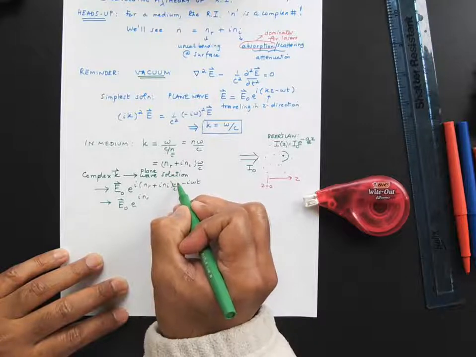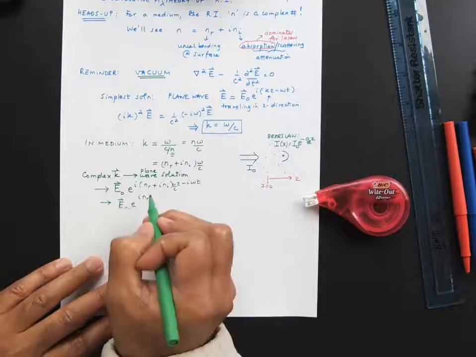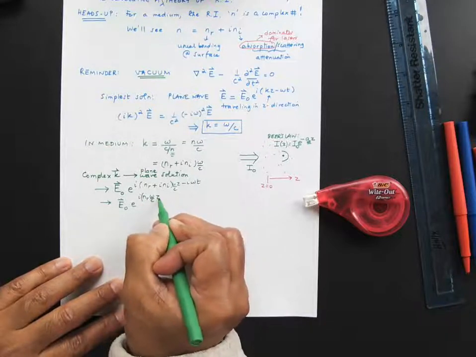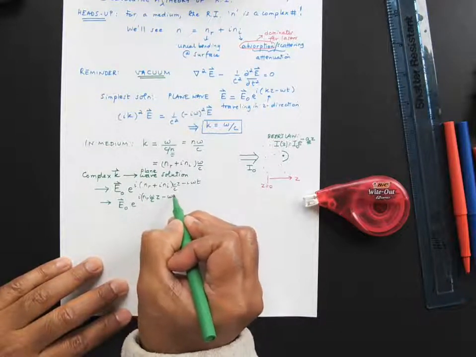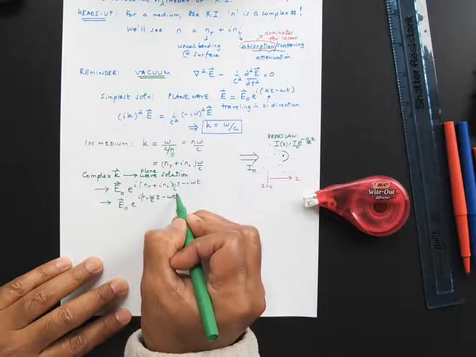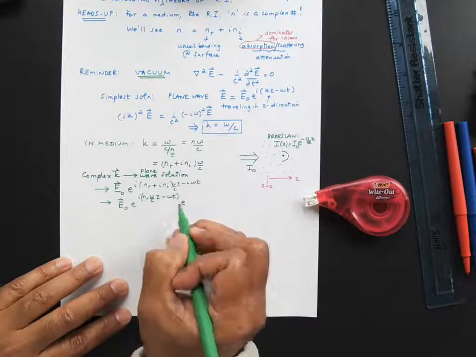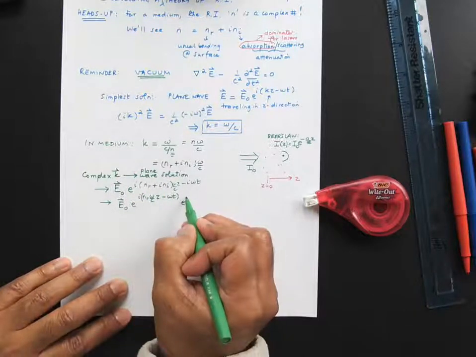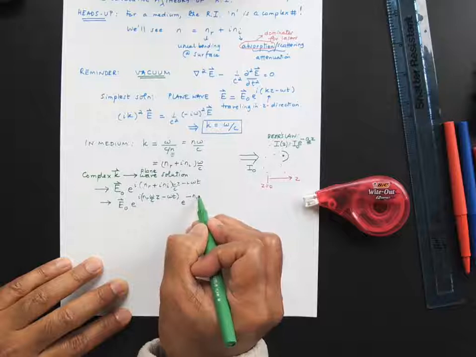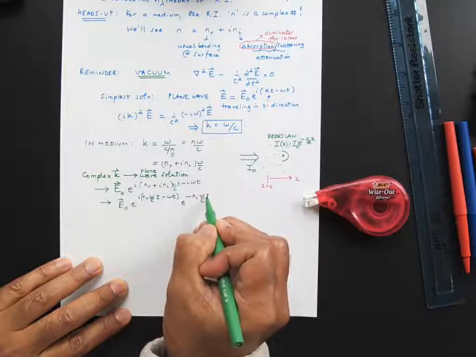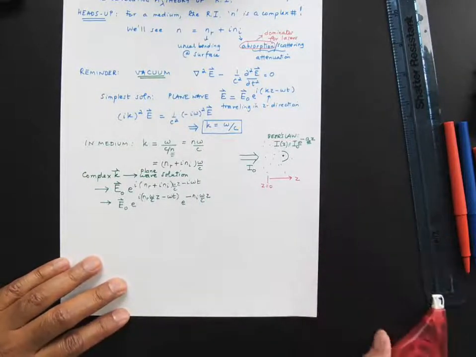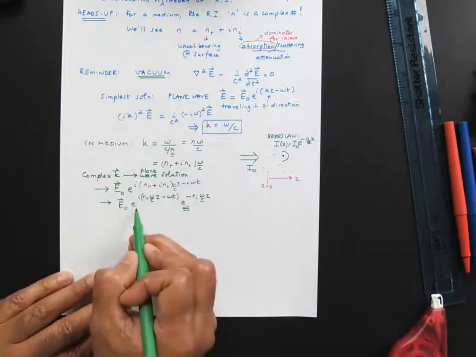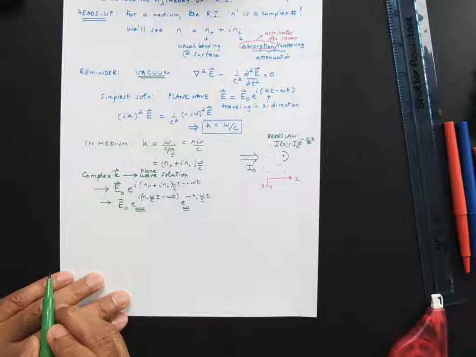Omega over c. So I have a n sub r omega over c z minus omega t. And the e to the i times the i, you see it gives me an e to the minus n sub i omega over c z. So there's this exponentially attenuating part, and there's the usual propagating part.